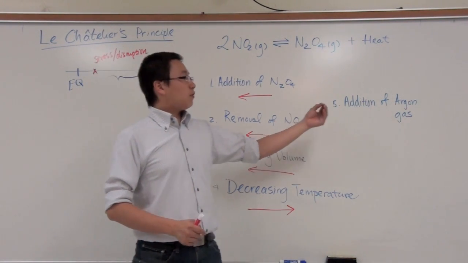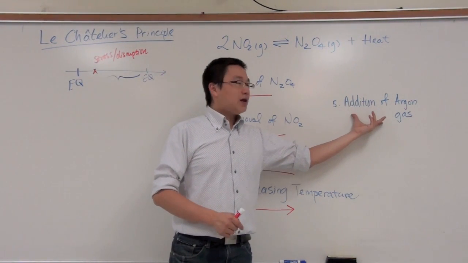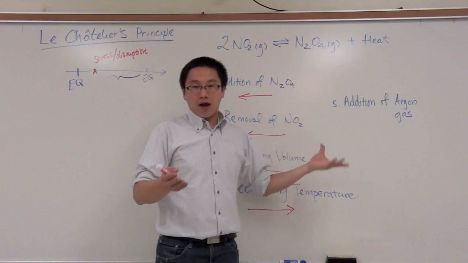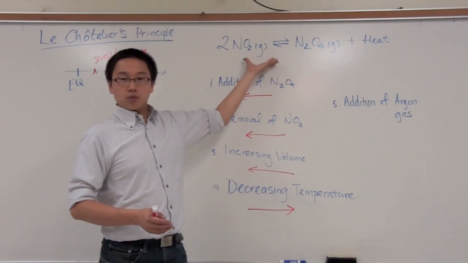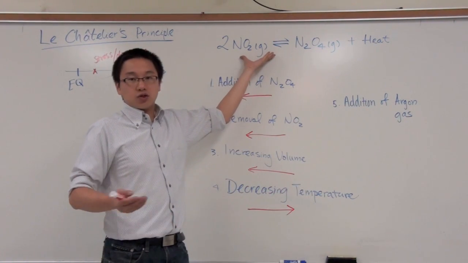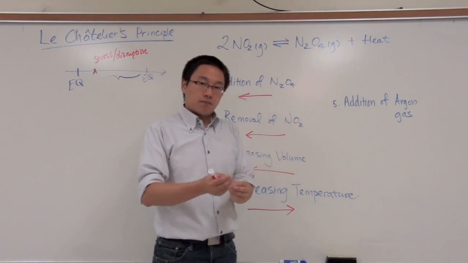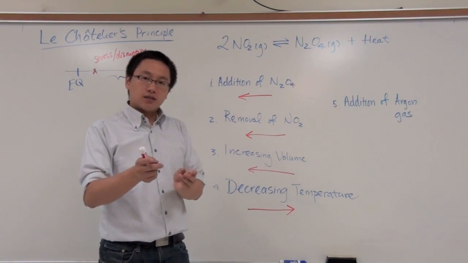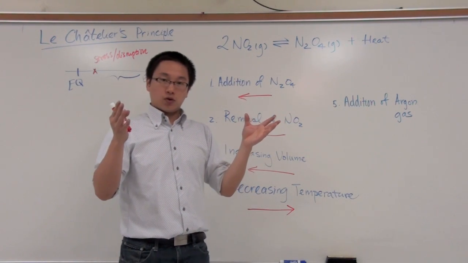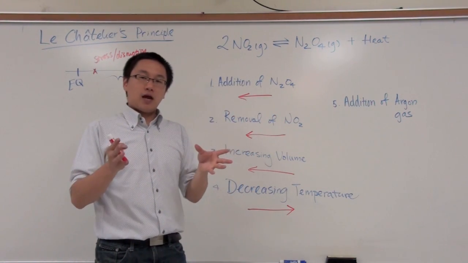So if you put in more argon gas, an inert gas, this gas would not have any reaction with the substances in the system. It's just an inert gas, a noble gas. So it doesn't participate in the reaction, but it will increase the pressure of the container.